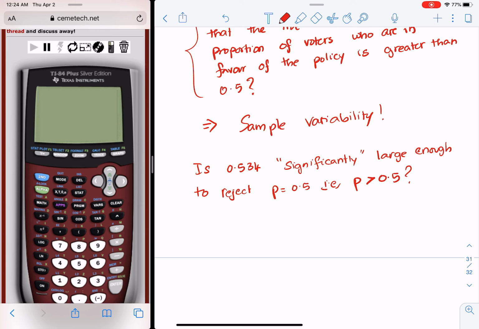That is the ultimate question we want to ask in a hypothesis test, and the purpose is to determine significance, which is why we call alpha the level of significance.